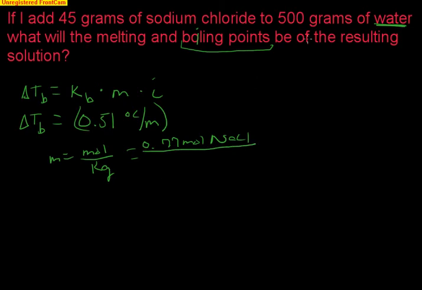For the kilograms, we have 500 grams of water, but this is in grams, and we do not want grams because kilograms is in the problem. In order to convert 500 grams to kilograms, the decimal is understood to be at the right of the last zero, so just move the decimal 1, 2, 3 spaces to the left, which gives us 0.500 kilograms of water.